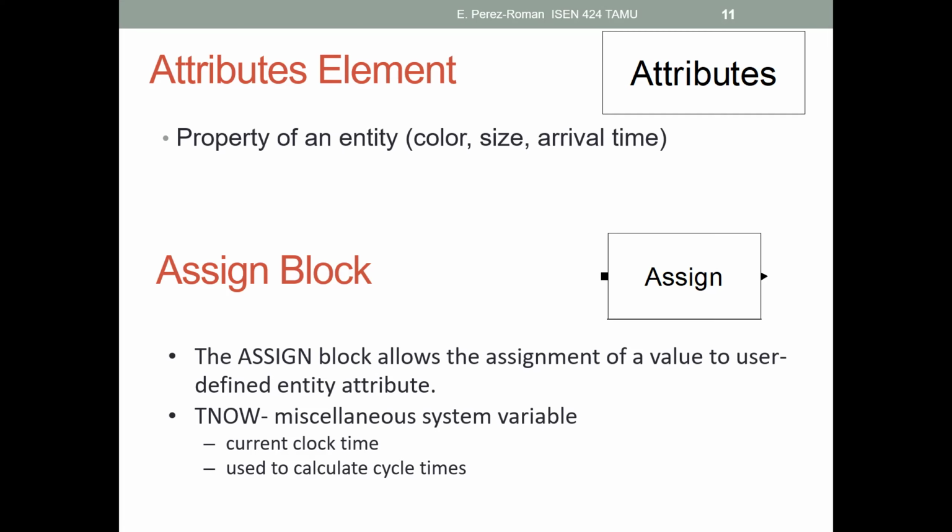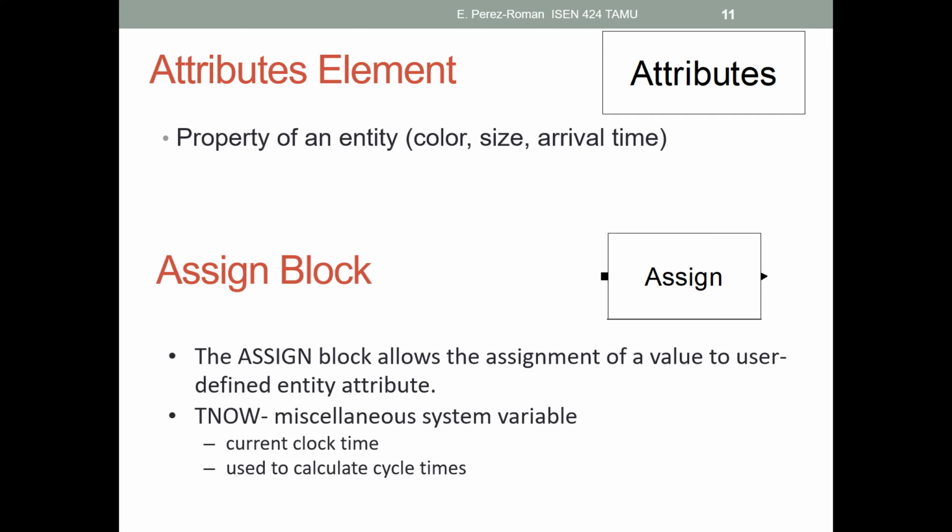Same thing with the assign block. This is now going into the model part of it. So once the entity flows through this assign block, that's where you assign that property. And this could be placed in different locations within your model, depending on when you need to define those attributes. Most of the time, we assign them right after creation.